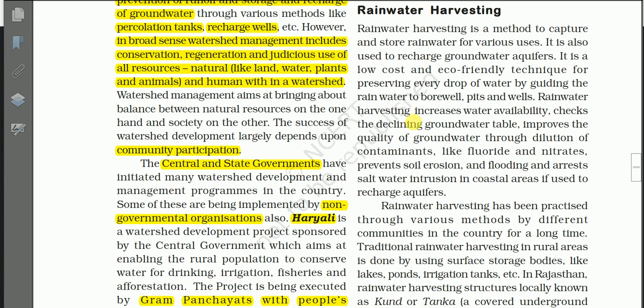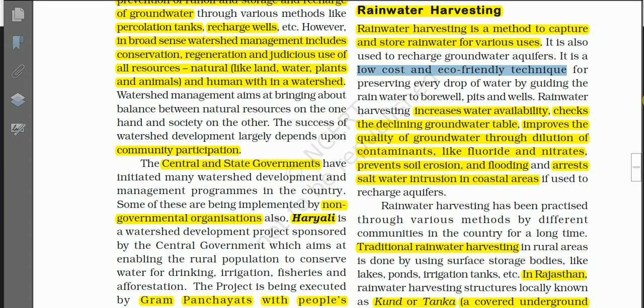So it is a low cost, eco-friendly technique for preserving every drop of water by guiding the rainwater to borewells, pits, and wells.